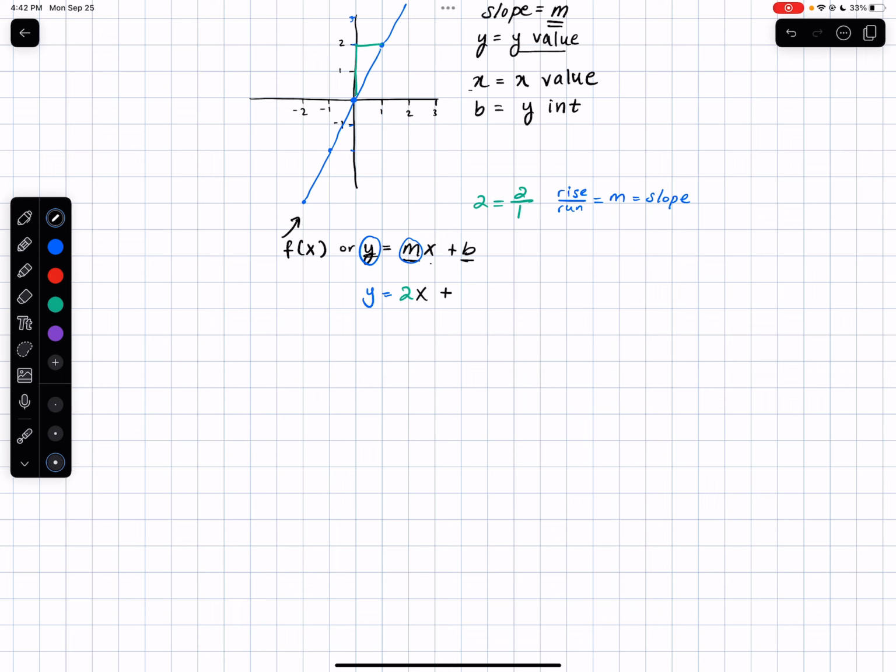b is your y-intercept. So where in this graph does the line or the function touch the y line right here? Right here at 0. So it's going to be plus 0. We don't have to include plus 0 because it has no impact on our equation. So y equals 2x is our equation. And we can also write this as f of x.